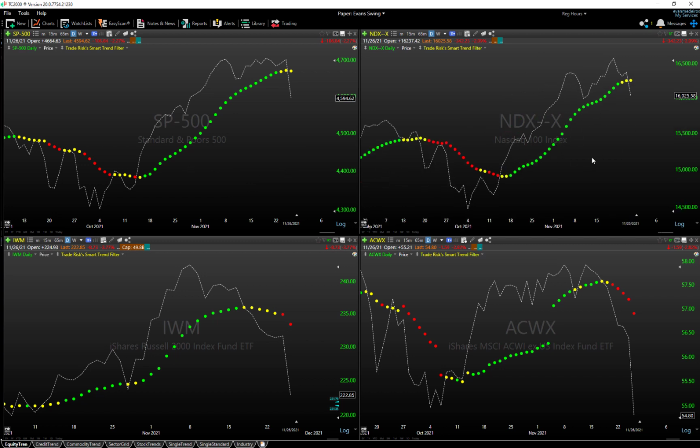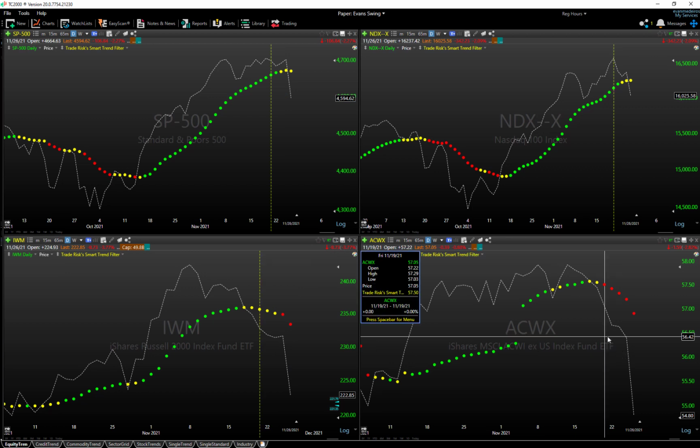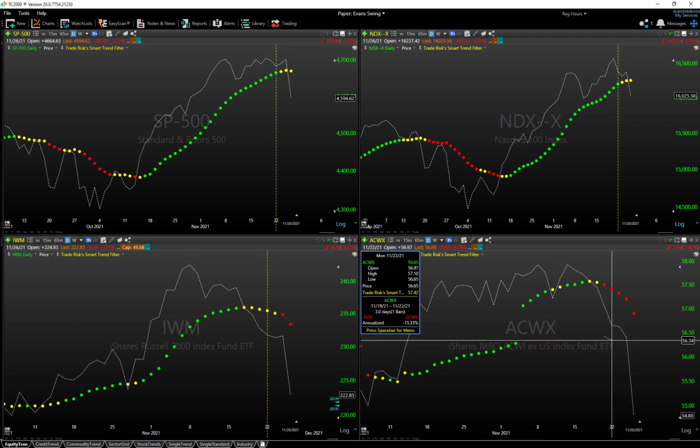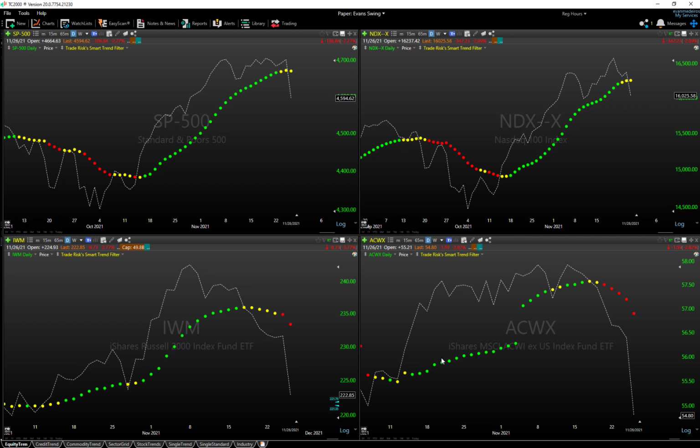Same thing with Nasdaq. We'll probably get our first sell signal since early to mid-October as well. The Russell 2000 already produced a sell signal here on Wednesday, and the ACWX international stocks produced a sell signal on the 19th. So if you're looking at the shorter term trends here, we are breaking down, reversing in the other direction.